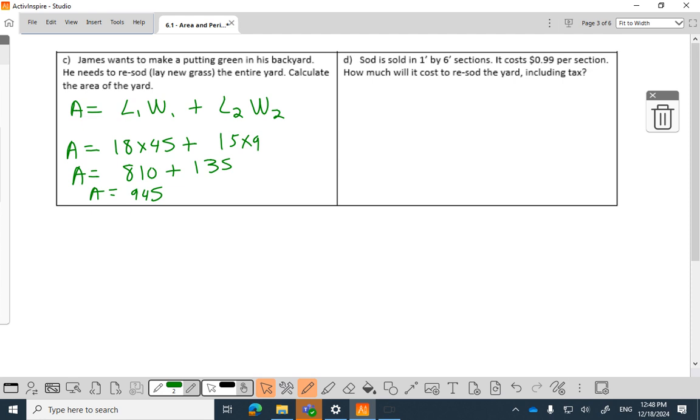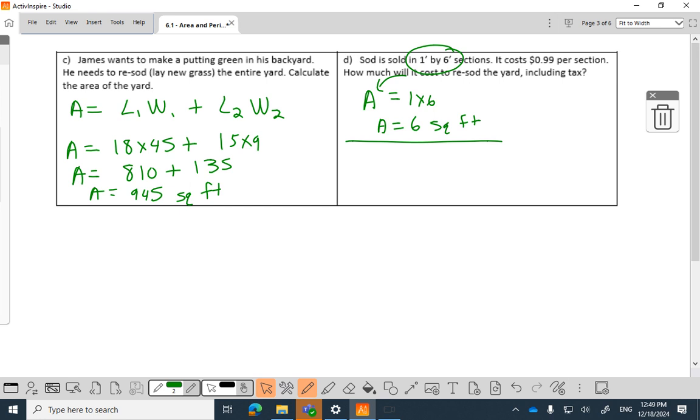I'm always Montana's. What's the area of one of these little sections, though? What's 1 times 6? 6. So each of them has 6 square feet. We need 945 square feet. What am I going to do with those two numbers to find out how many sections I've got to buy?